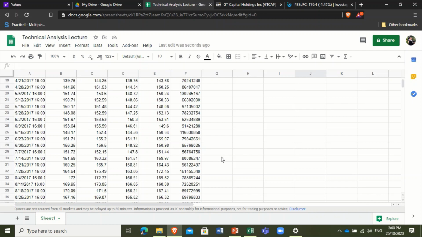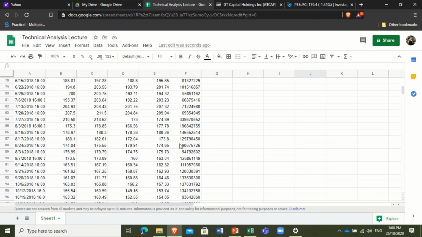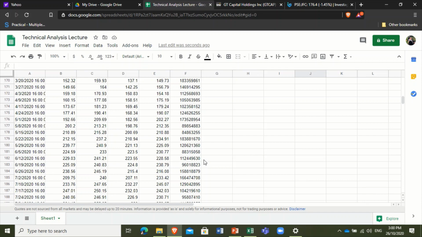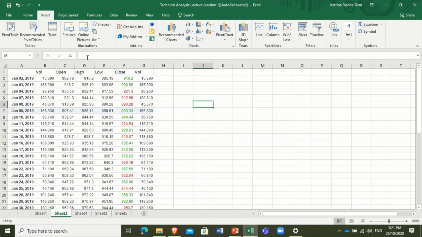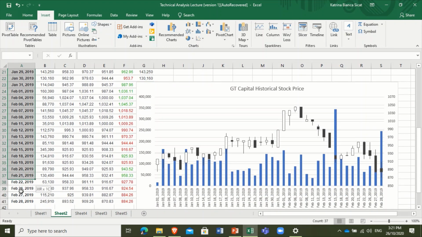And then you can just simply create a very beautiful candlestick chart. And before I forget, I think I missed the point where I have to teach you how to create a basic line chart.